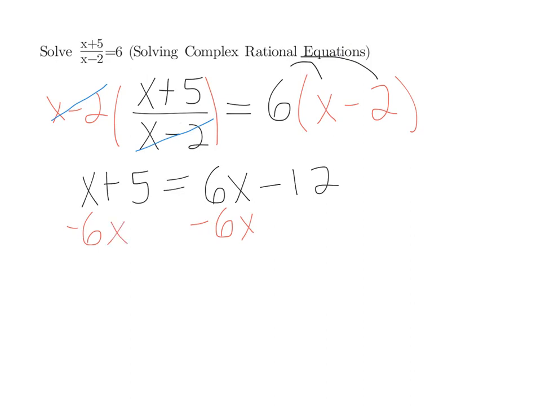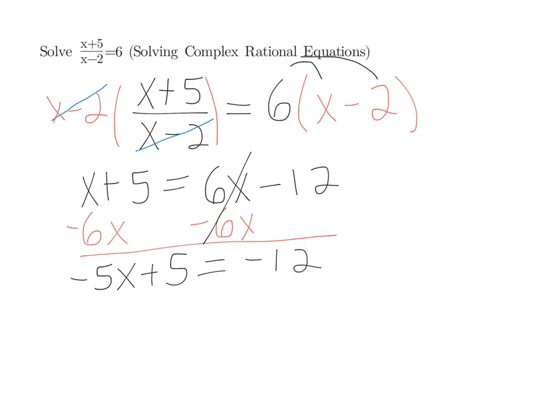Remember that negative, because I have 6x minus 12, that minus belongs to the 12, not the 6x. So I have a positive 6x, opposite is negative 6x. And so then you're left here with negative 5x plus 5, then 6x and the negative 6x cancel, and minus 12.